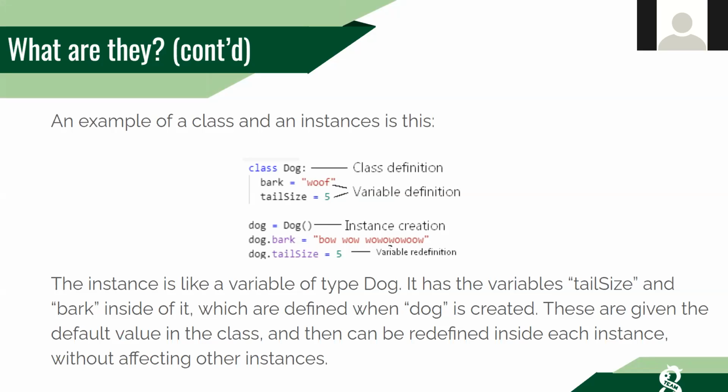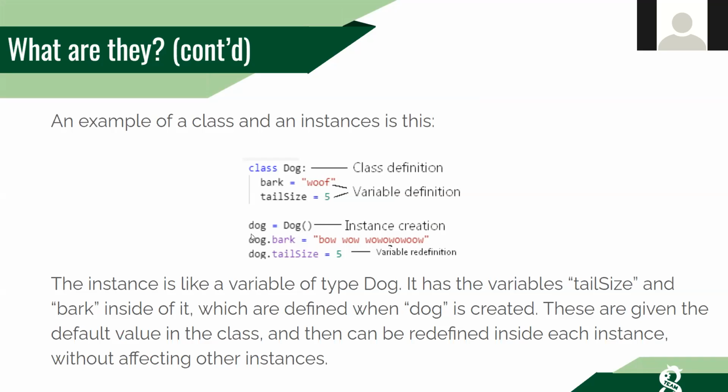Then what you do is create an instance. So an instance is like this class. It has the same variables inside of it, and those variables can be changed by that instance. So if I create this dog class, it'll have the variables bark and tail size, and they'll be equal to woof and 5 respectively.